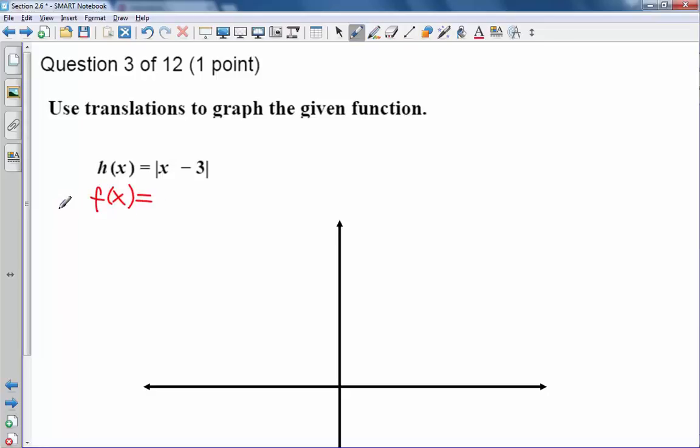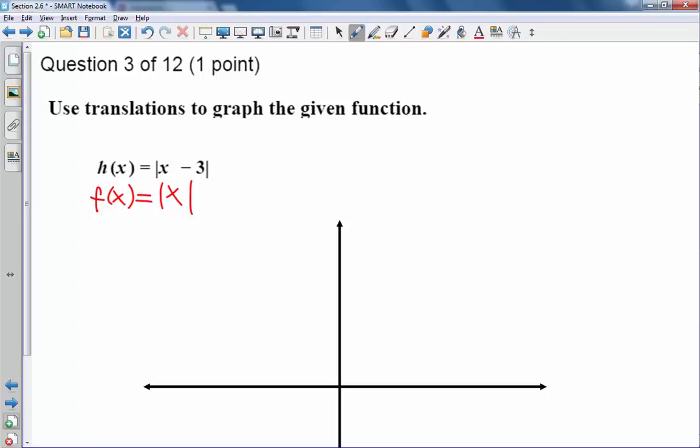F is always for the main functions, one of the 8 we've introduced. What is the main function? It is absolute x. It's similar to 1 of the 8 options from the very first 2 slides. It's absolute x, right? It doesn't have a square. It's not reciprocal 1 over x. It's not a linear function because you have bars.